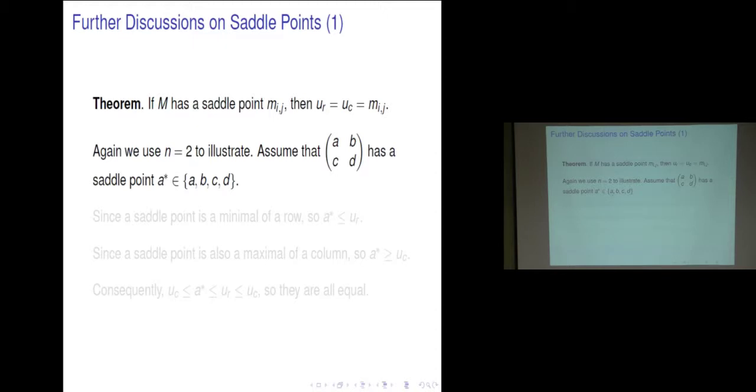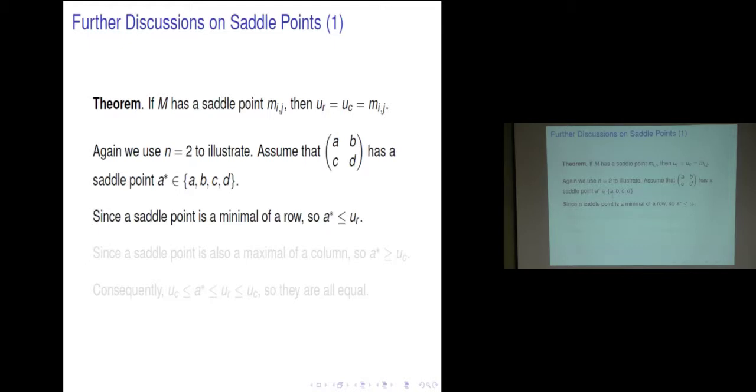Let's assume this matrix has a saddle point, A star. A star could be one of these. Now the saddle point is a minimum in its row. So A star is less than or equal to U_R, because U_R takes the max among the minimums.